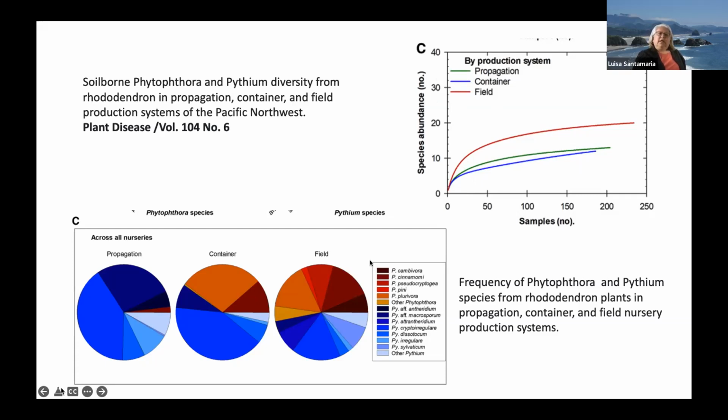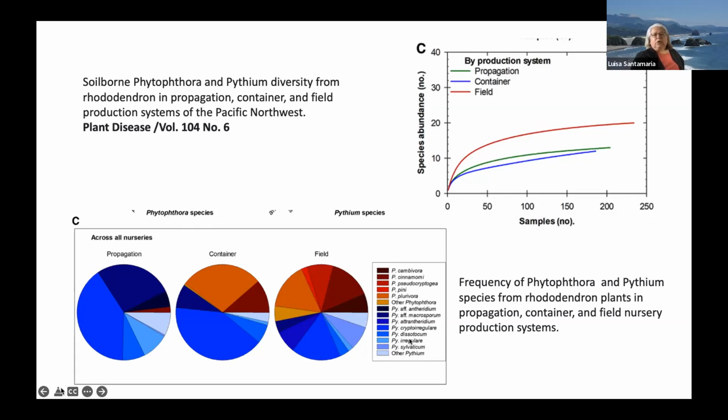Considering this, we have this graphic that you see in this pie diagram. It is a little small, but it's just the frequency of the species. In the propagation area, what they found most is a species of Pythium, in blue. We're going to talk about Pythium briefly.